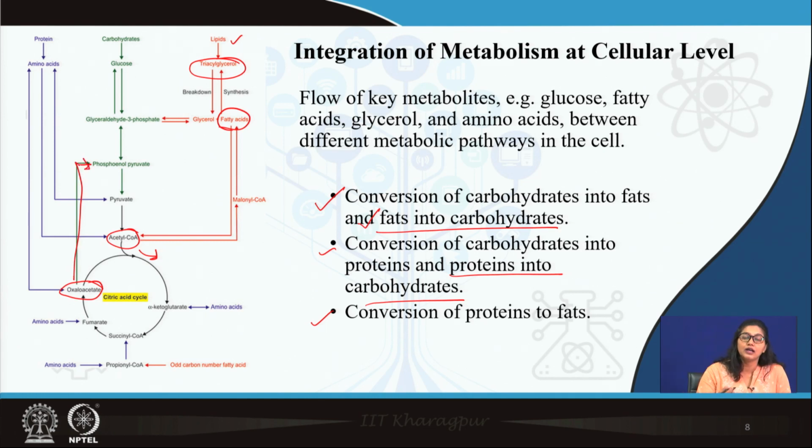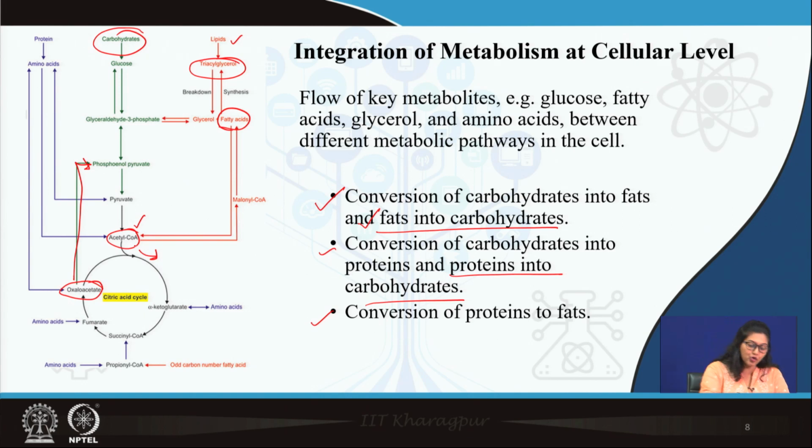So, here you can see lipids can form energy, can be converted to carbohydrate. Similarly, carbohydrate forms acetyl coenzyme A, and that acetyl coenzyme A is utilized to form fatty acid, and from fatty acids, different other types of lipids like triacylglycerol, cholesterol are synthesized from acetyl coenzyme A, even ketone bodies also.